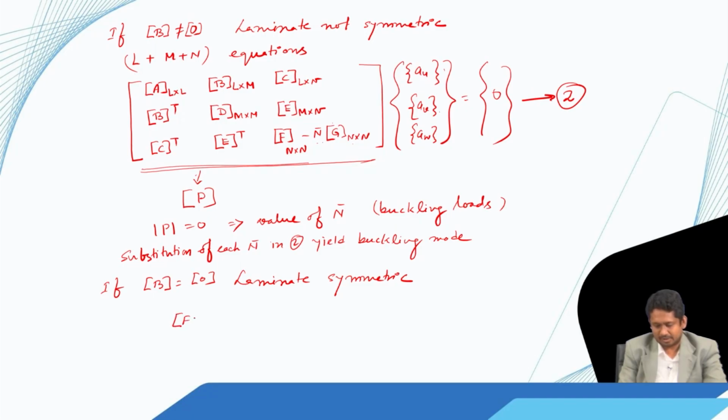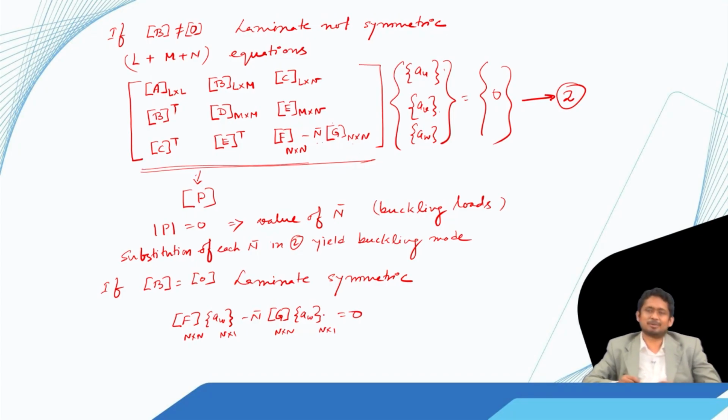So, I get an equation of this form: F into the vector of AW minus n bar into G into the vector of AW, where these are N by N and N by 1, equal to 0. So, it is an eigenvalue problem and I can solve it. The eigenvalues come out to be the buckling loads and the corresponding eigenvectors come out to be the buckling modes.